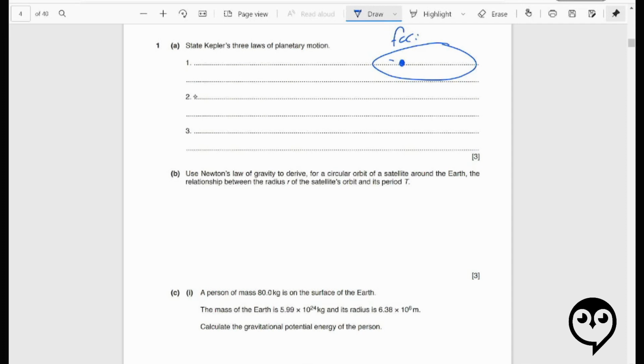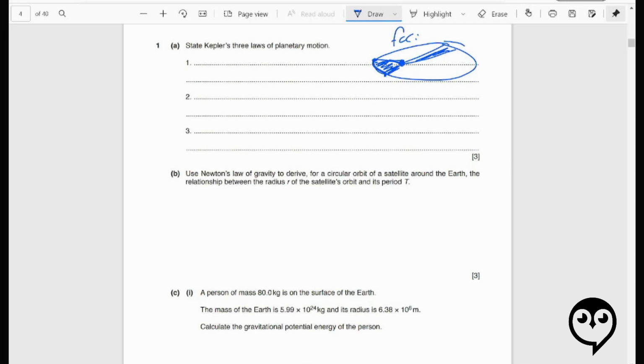We know that the second law is that if you draw a line from the sun to that planet, or from that planet to the satellite, and take equal intervals of time, they will sweep out equal areas. That's because even though the radius is shorter when you are closer to the sun or the planet, you are traveling faster, so you'll cover a larger distance even with a shorter radius, and vice versa on the opposite side.